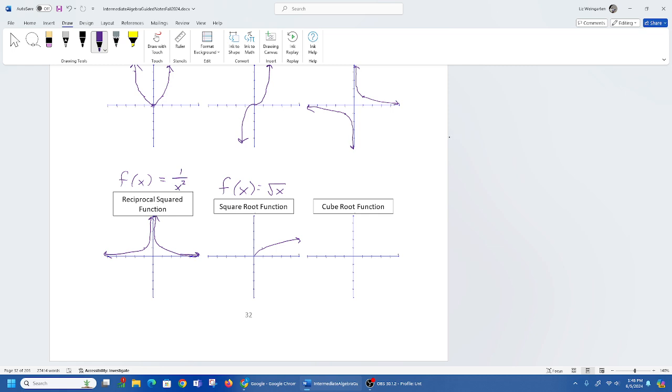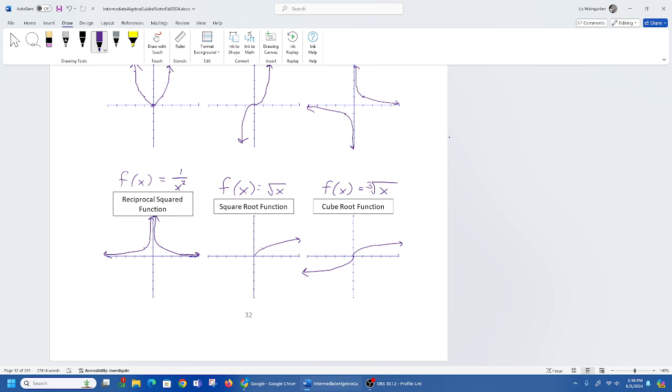The cubed root function, our final toolkit function, our final common parent function, those terms are used interchangeably, is going to be the cubed root of x. So when we take the cubed root of x, it's going to look like this. And just like with the cube function, we're actually going to go below the x-axis.